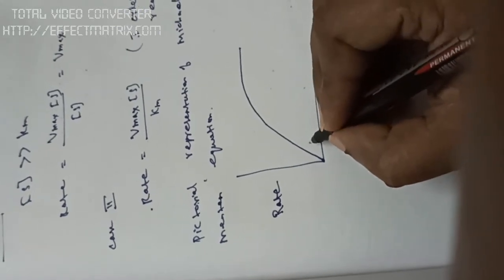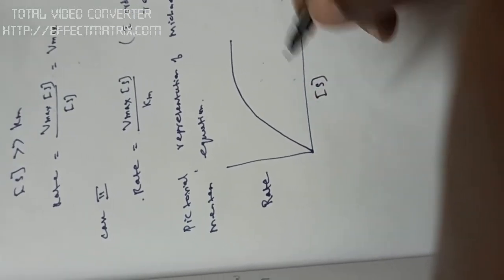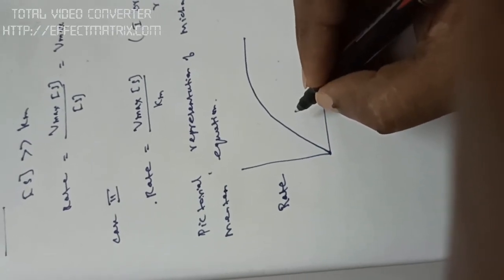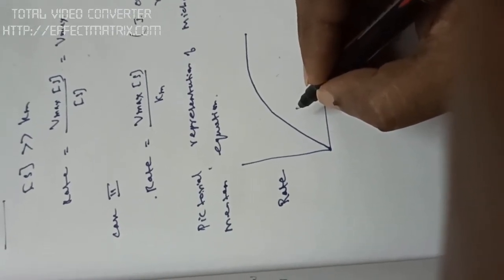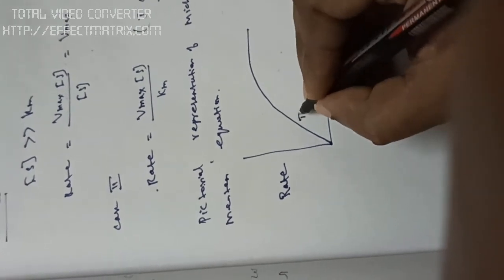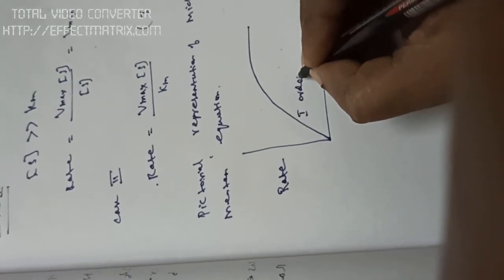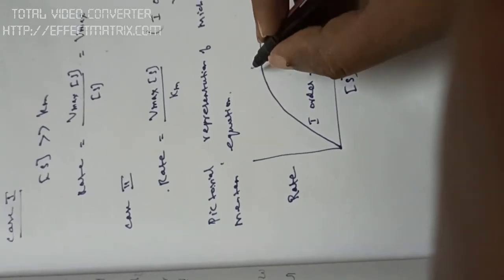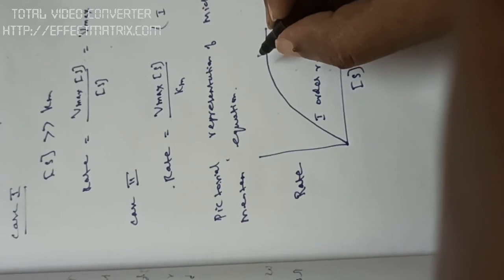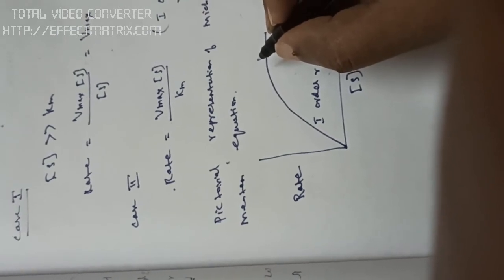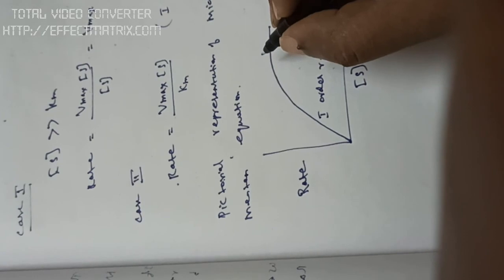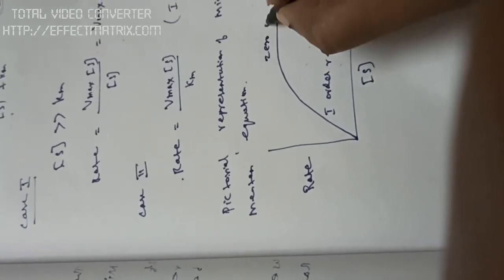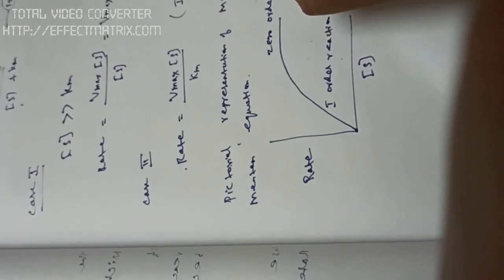At lower concentration, the Michaelis-Menten equation follows first order reaction. At higher concentration of the substrate, the Michaelis-Menten equation follows zero order reaction.